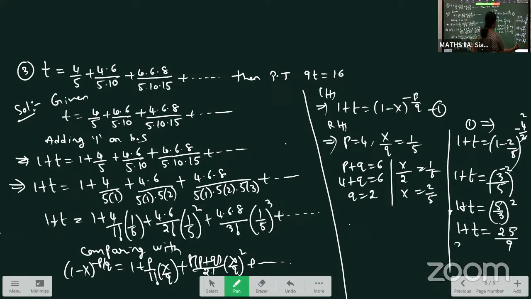Cross multiply. 9 plus 9t is equal to 25. Therefore, 9t is equal to, if 9 goes to the other side, 25 minus 9, which is 16.